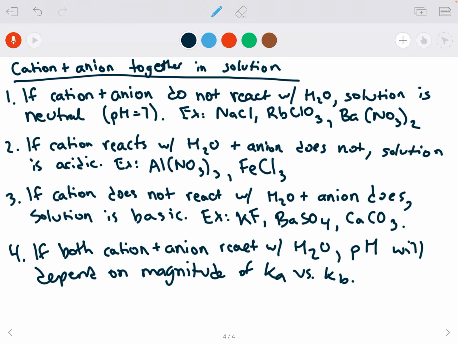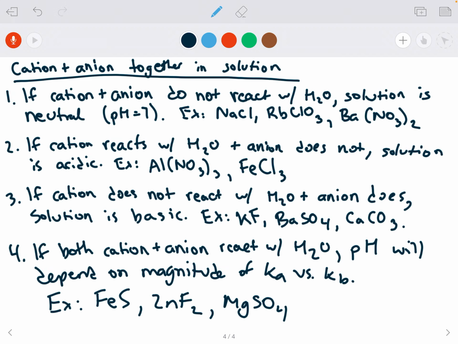So an example here would be iron sulfide or zinc fluoride, magnesium sulfate. Those are all examples of ones where both the anion and the cation will react with water. So you have to look at the Ka and the Kb of the cation and the anion to see which one is stronger.